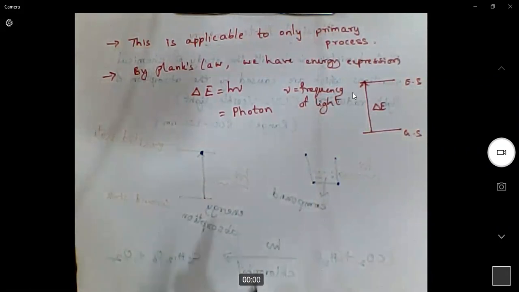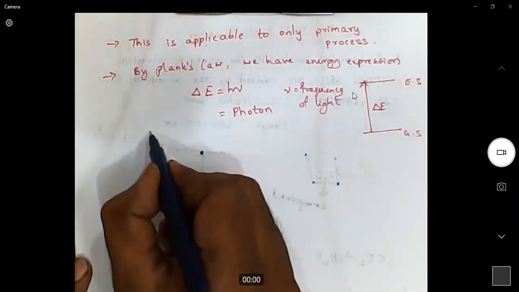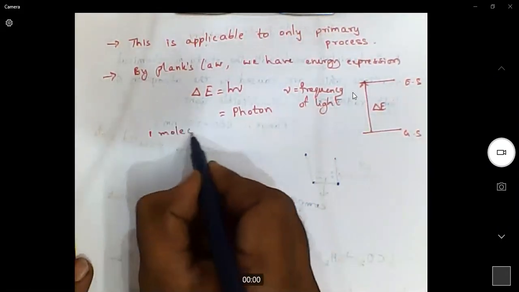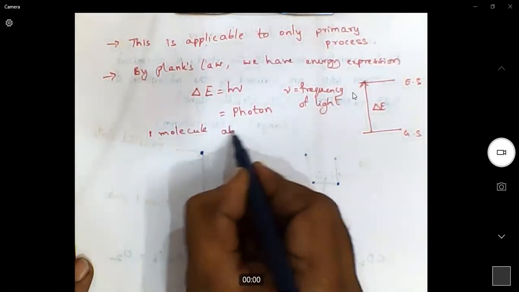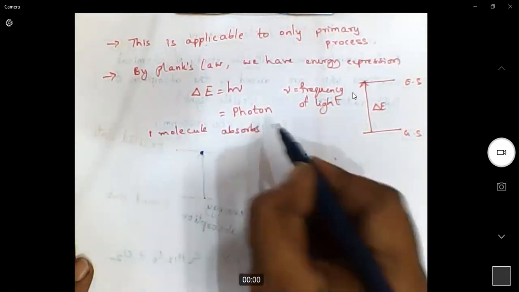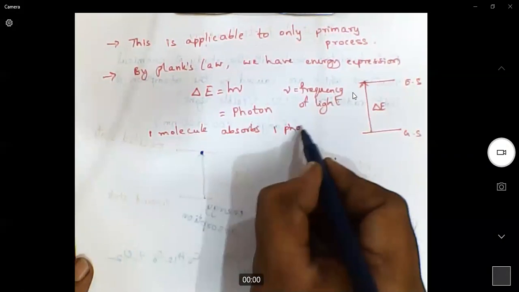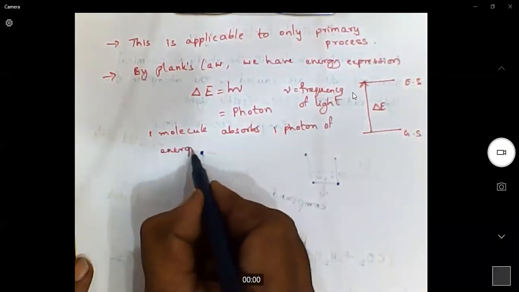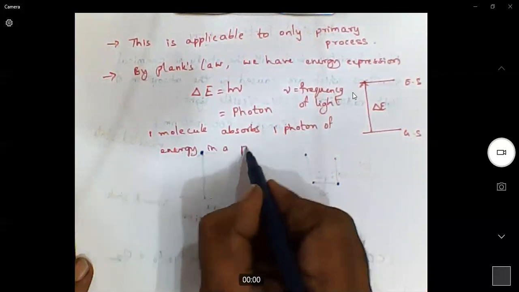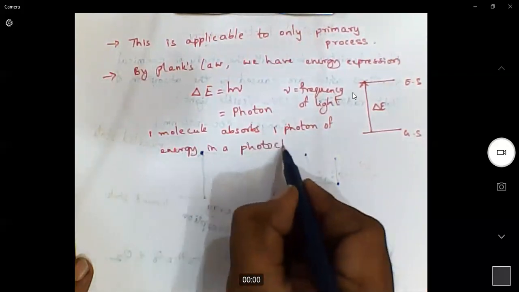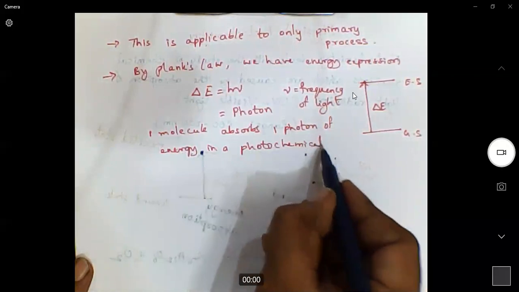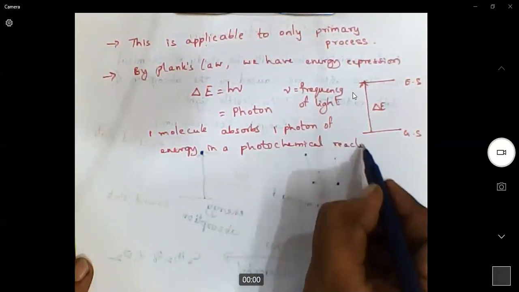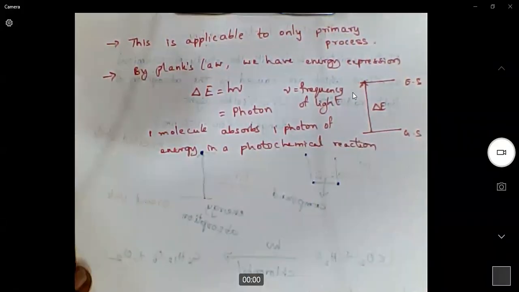That means one molecule absorbs one photon of energy in a photochemical reaction. So each molecule absorbs one photon of energy.